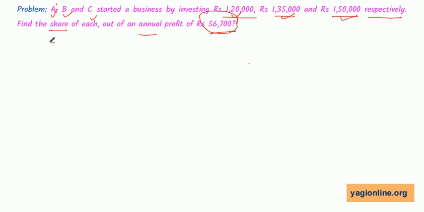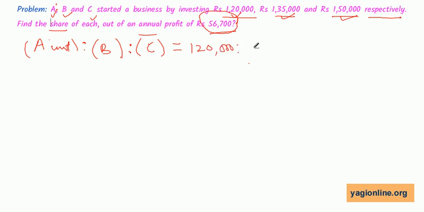So A's investment is to B's investment is to C's investment is equal to, as per their capital, 1,20,000 is to 1,35,000 is to 1,50,000.